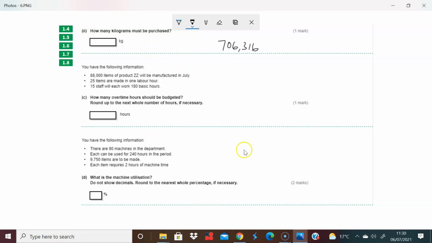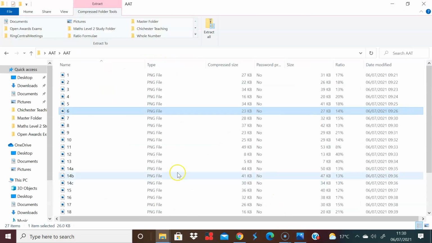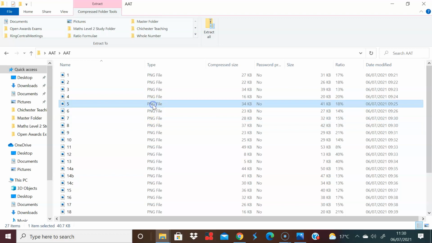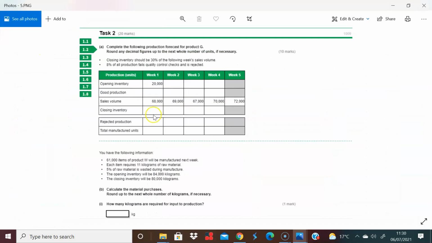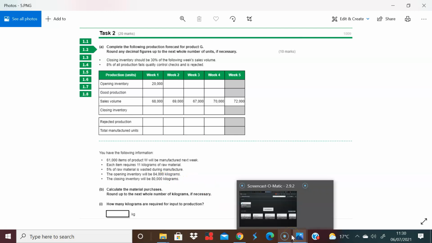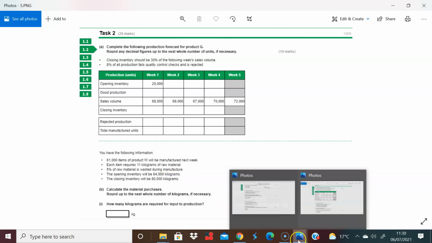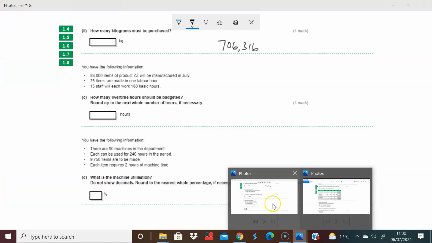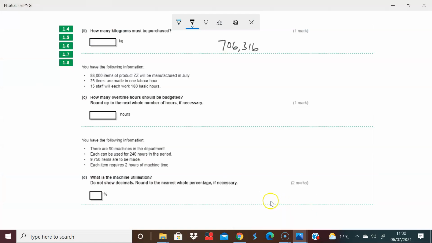Let me just go back and check that. Yes, the opening inventory is 84,000, closing is 80,000.